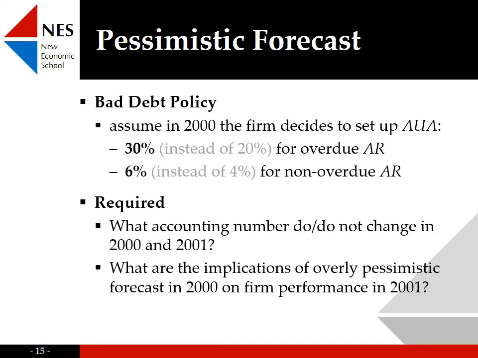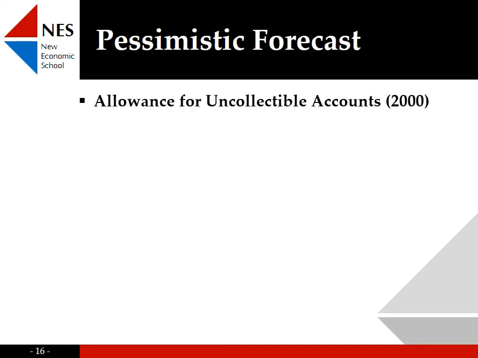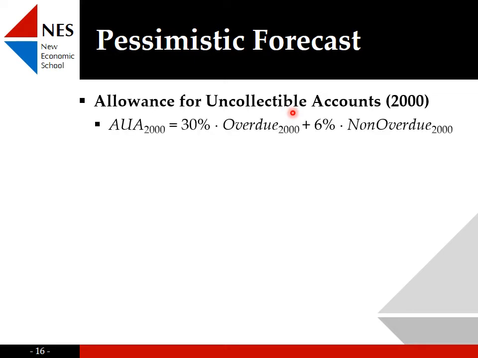So let us now look at the specific numbers. The first question is, what implications will the new bad debt policy have on the allowance for uncollectible accounts at the end of year 2000?